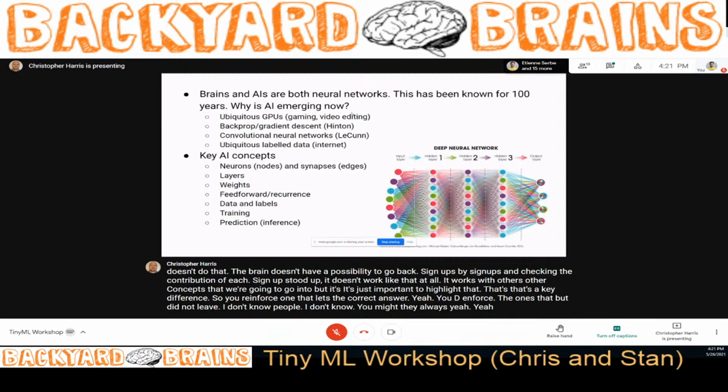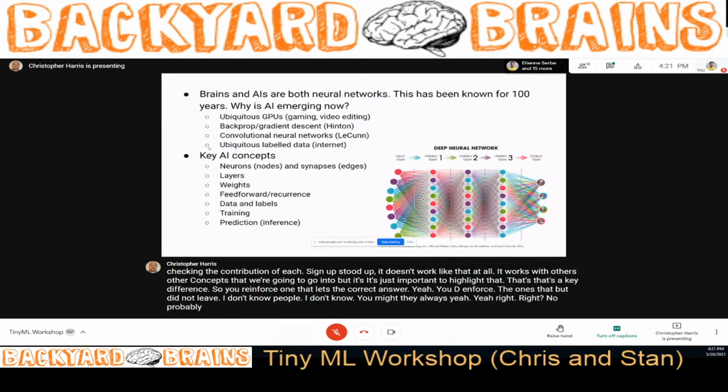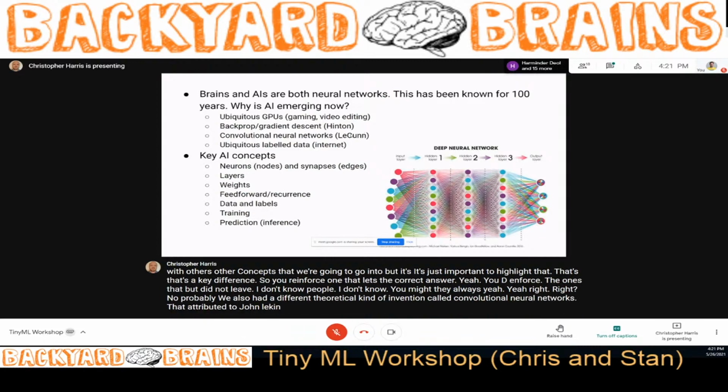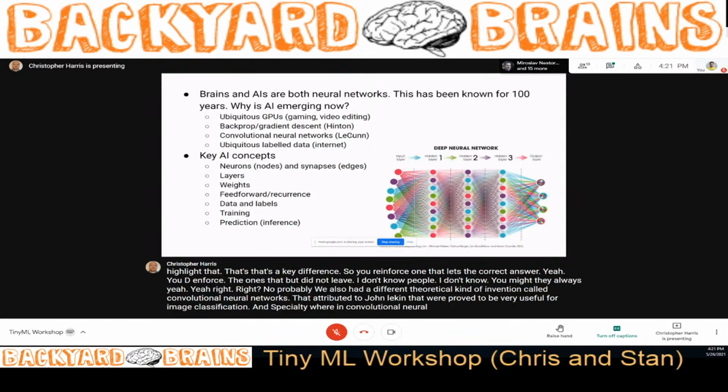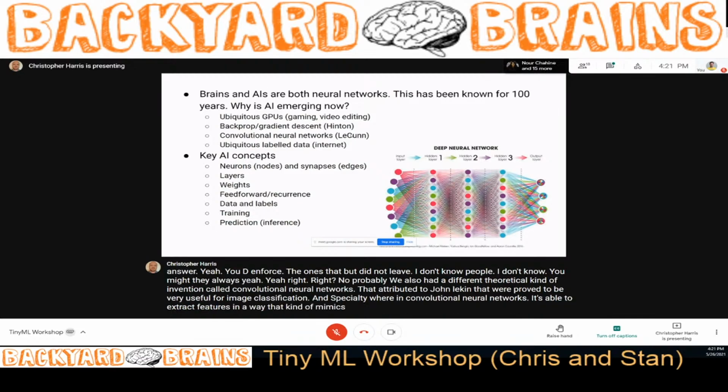We also had a different theoretical invention called convolutional neural networks, attributed to Yann LeCun, that proved to be very useful for image classification especially, where the network is able to extract features in a way that kind of mimics the way the visual system does it.